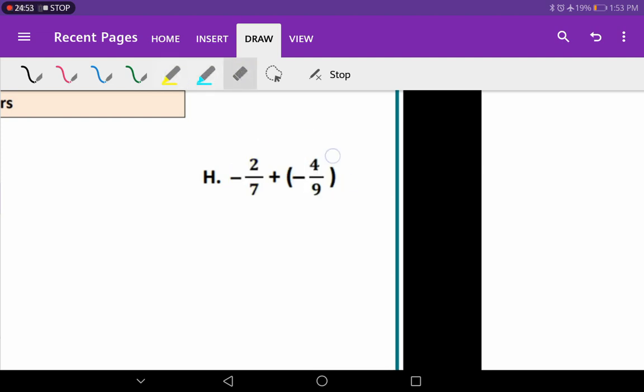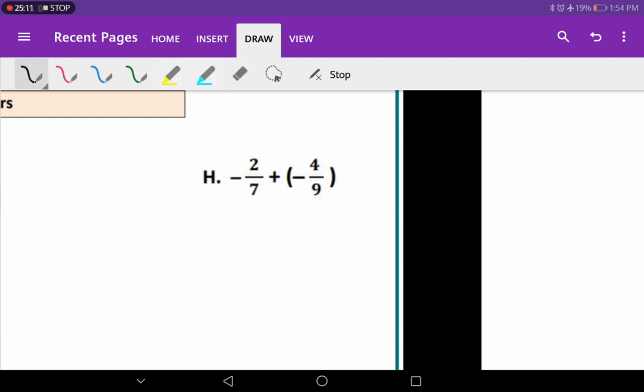But I have a problem more than Hamada, which is that 7 and 9 are different. And the 7 and 9, they meet where? In 63, I think. So I will multiply this by 9. Okay, let me rewrite it again.